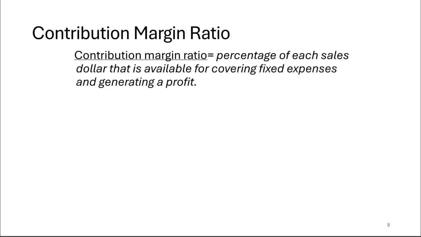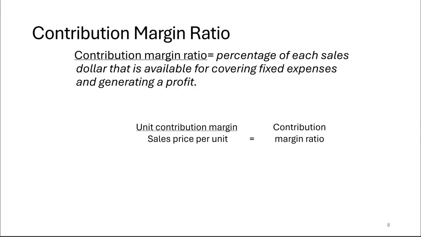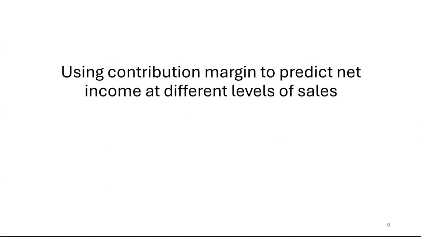Contribution margin ratio is the percentage of each sales dollar that is available for covering fixed expenses and generating a profit. So it's going to be the unit contribution margin divided by the sales per unit, gives you your contribution margin ratio. Unit contribution margin to predict net income at different levels of sales.